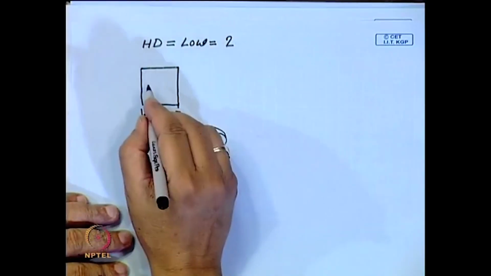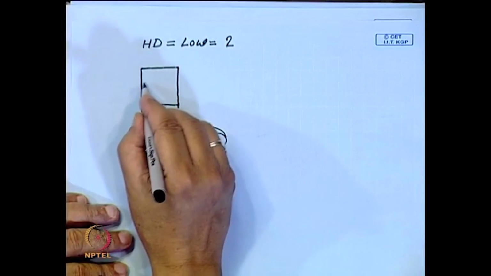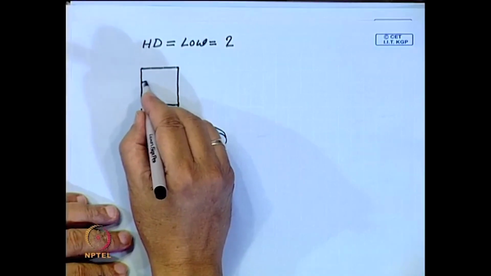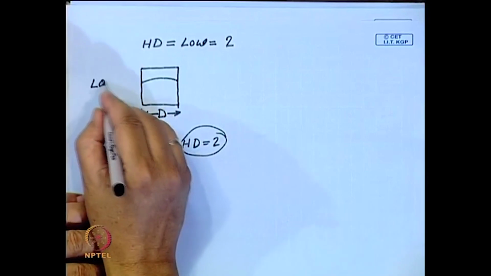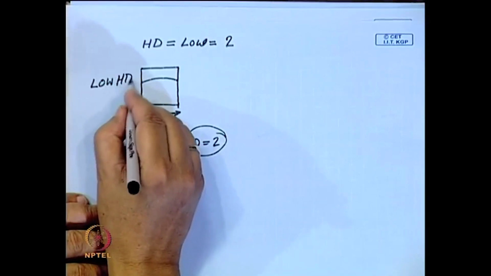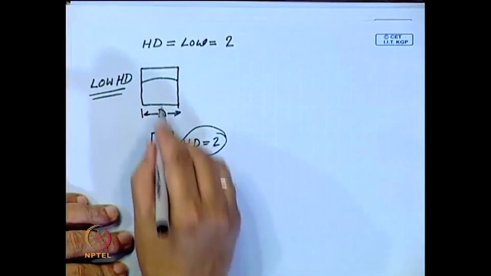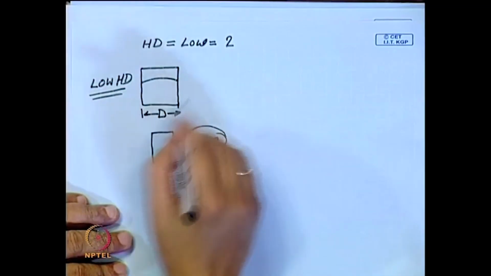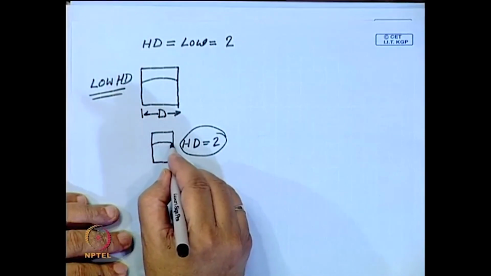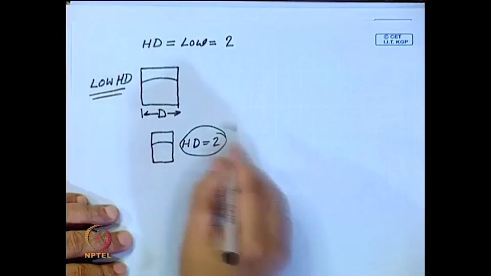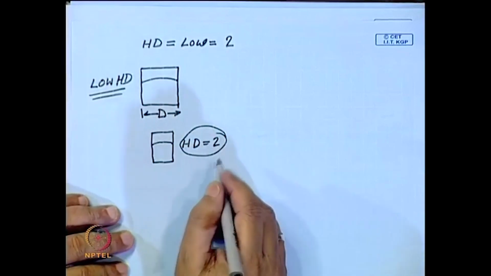If the HD value is low, you will find that this profile will be shallow, a low profile. So, here also if you maintain the same low HD, you will get a similar low profile. So, the relative cooling characteristic will be the same.